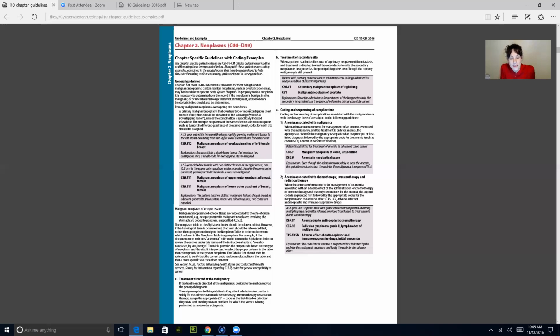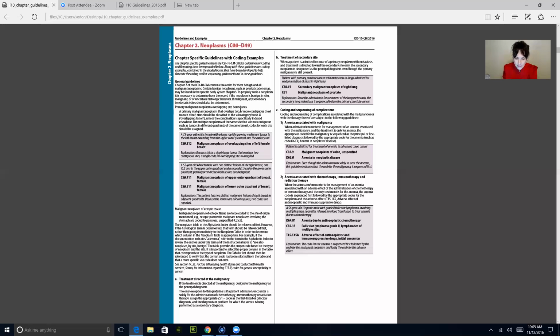So if it's malignant, we also look for any secondary, which are metastatic sites. So metastatic sites, what that means is the cancer started somewhere and it spread somewhere else. And those metastatic sites, those would be where the cancer spread to. And so when you see a malignant neoplasm, you just want to make sure when you're reading through the medical record that you're also looking for any secondary involvement.